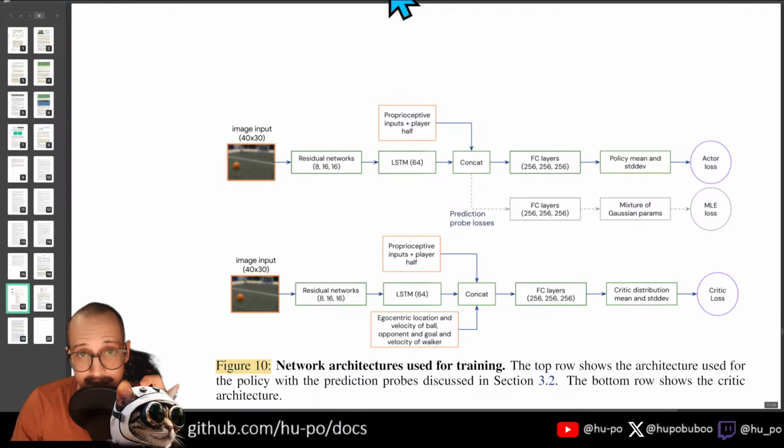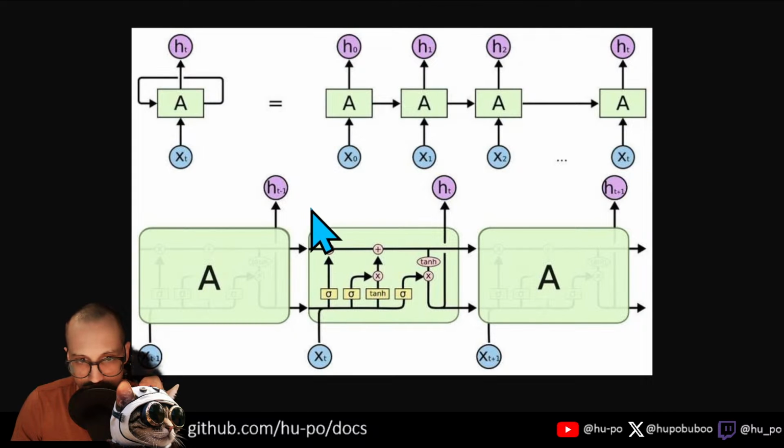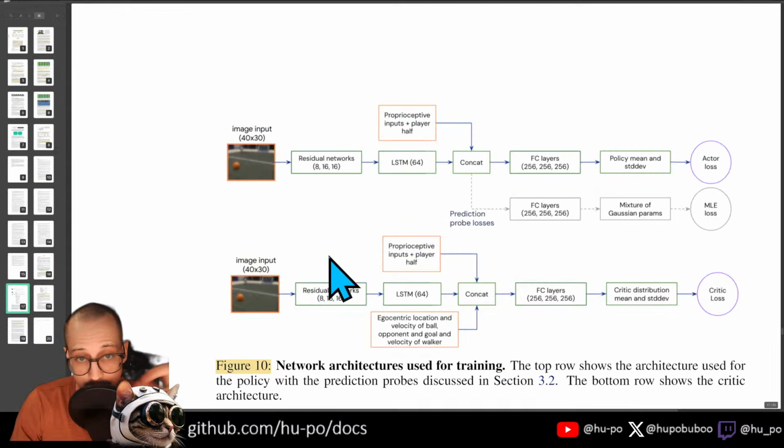They only need to pass forward a little hidden state, this h of t, to the next step, and that hidden state has a fixed length. So no matter how far back you look in time, that little hidden state is always the same size. If you're deploying this on an edge device like a robot, a tiny LSTM that is linear with respect to the sequence length is going to be faster and more efficient than something like a Transformer.